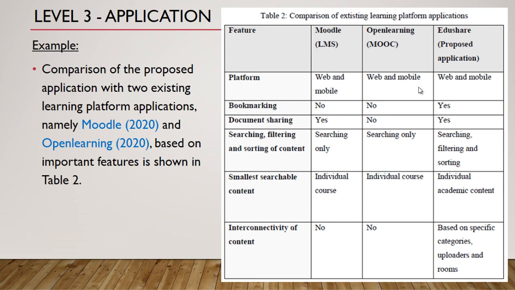The themes include the platform, the bookmarking features, the document sharing features. So these are all features: searching, filtering, and sorting of content, smallest searchable content, interconnectivity of content, and so on.